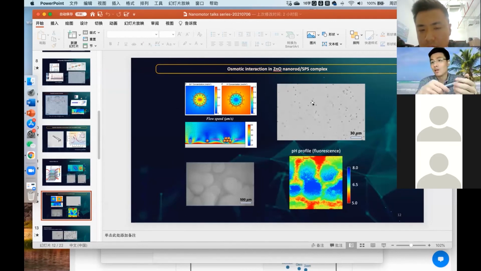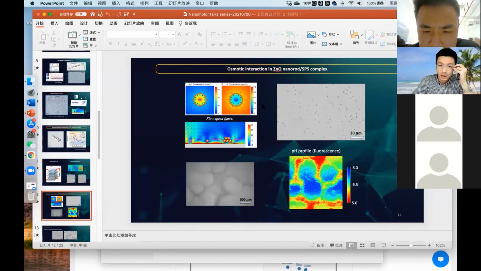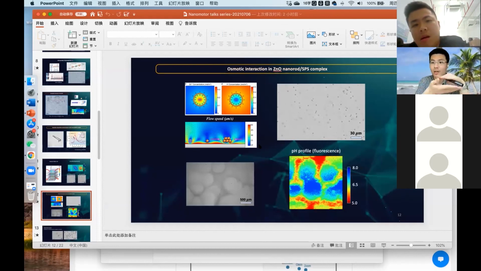Yes, you're very correct. When we observe those behaviors, we always focus our microscope at the glass substrate. That's because the outward electro-osmotic flow is along the glass substrate.